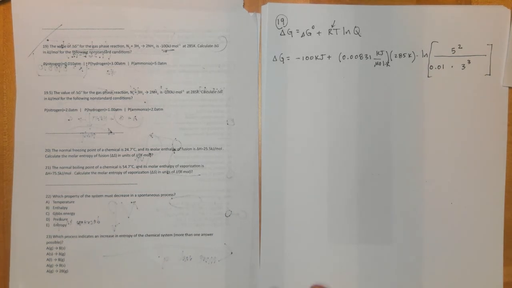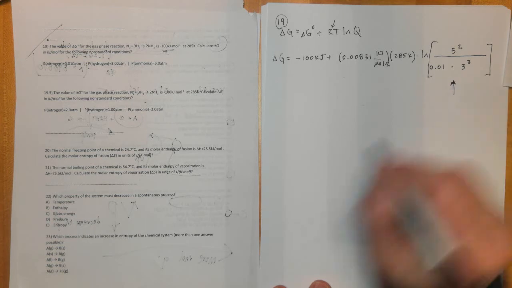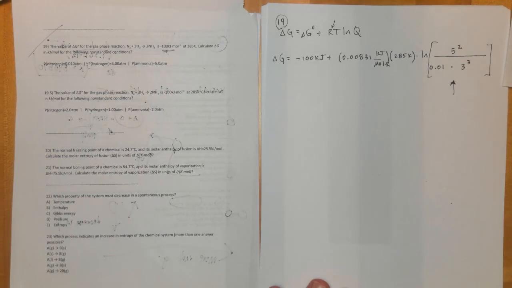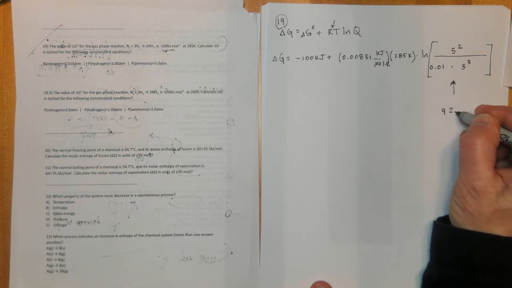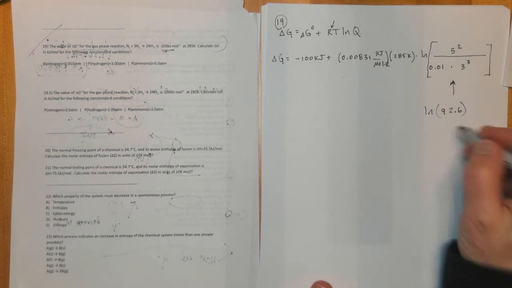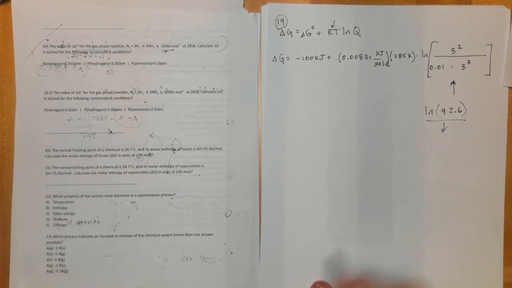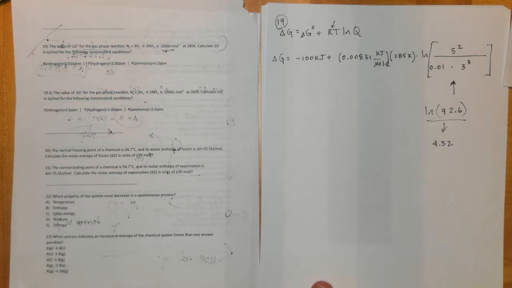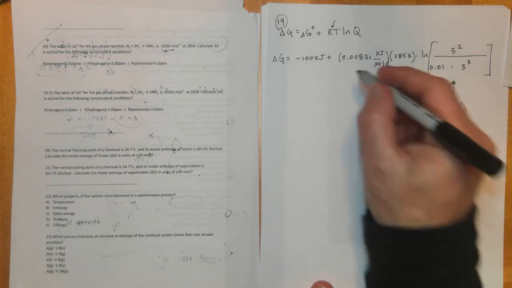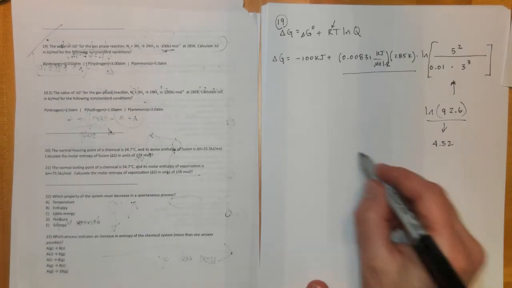If you do this on your calculator, you end up with 92.6. You want to take the natural log of that, and once you do, you end up with 4.52. Then you want to multiply those times this right here.